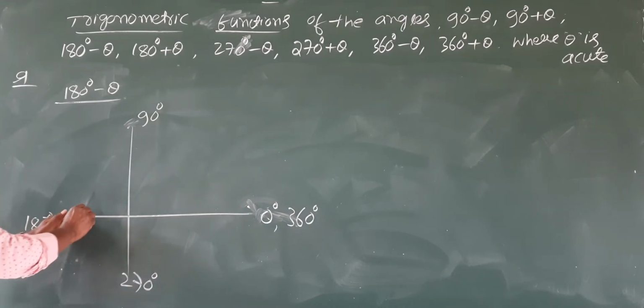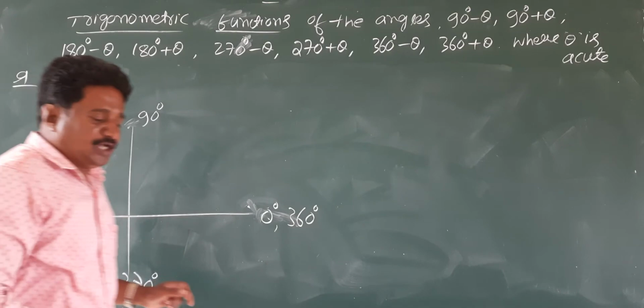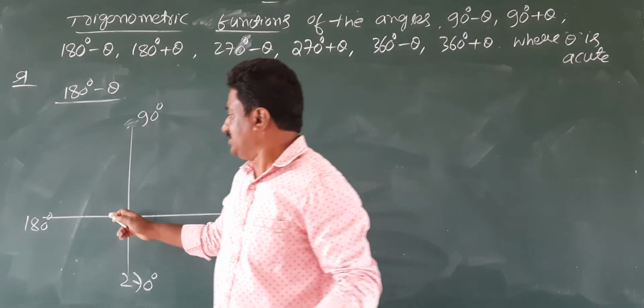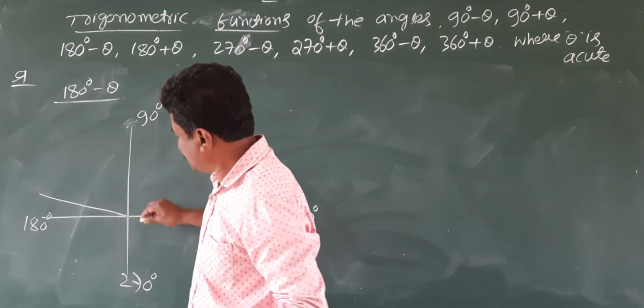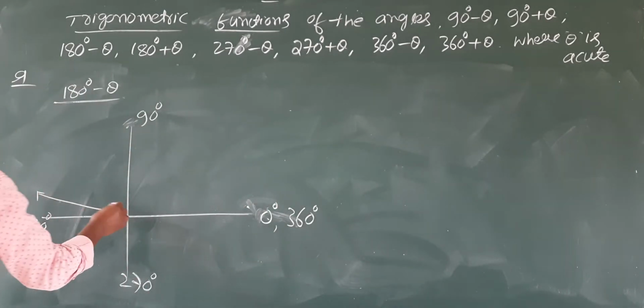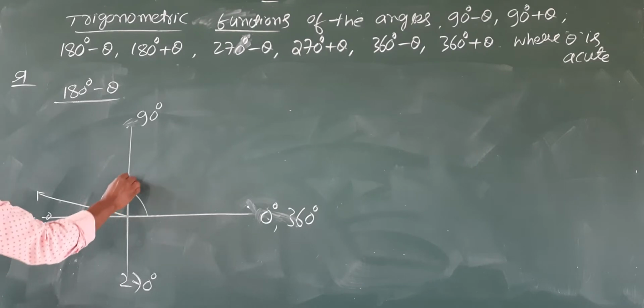Minus theta means I should go back for theta. So the terminal ray should be here. This is 180 minus theta.